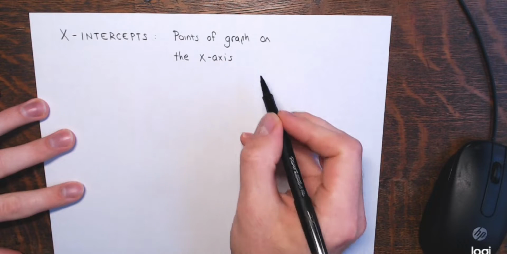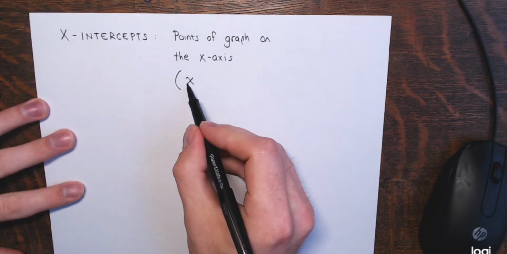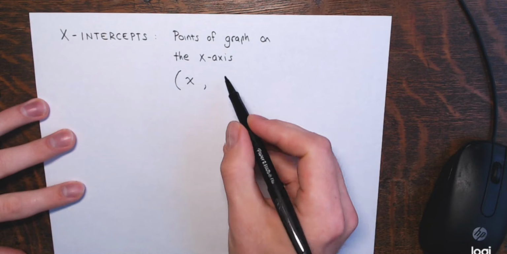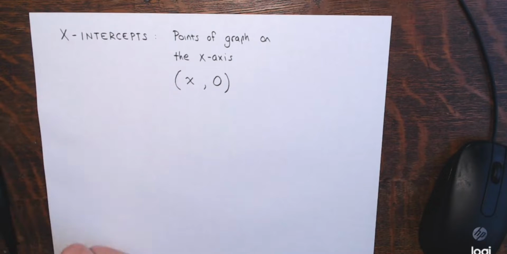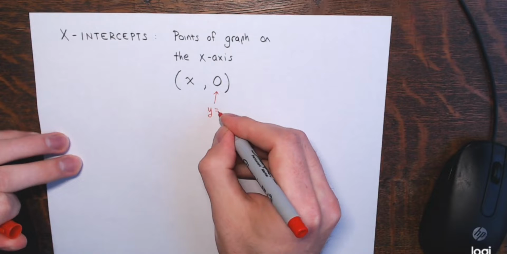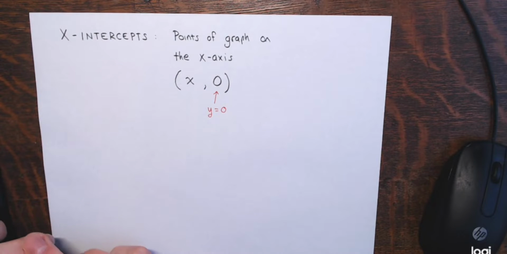And they always look like this. They'll have some x value, and then the y coordinate will always be 0. This is always the case. Y equals 0 for any point of a graph that's going to be on the x-axis for any of these x-intercepts.